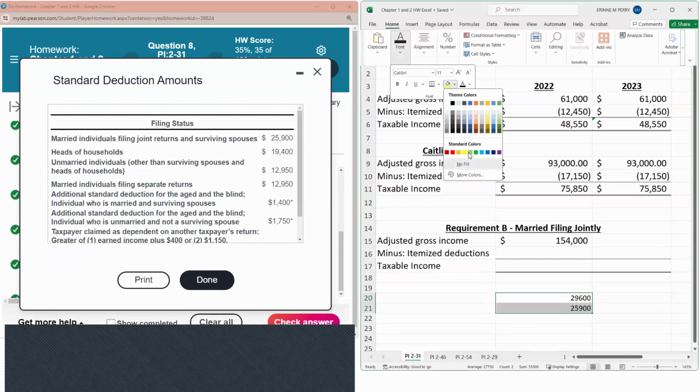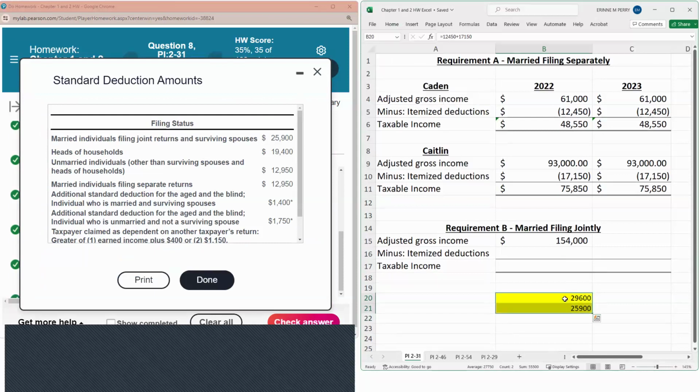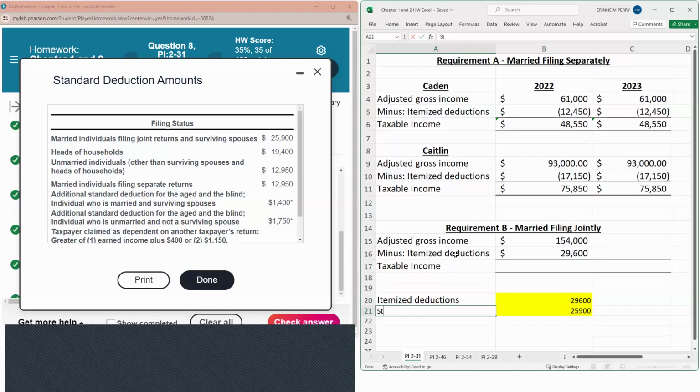So in such case, if we compare these amounts, the greater of the two is 29,600. And let's say that we were comparing it to, so itemized deductions, standard deduction. All right.